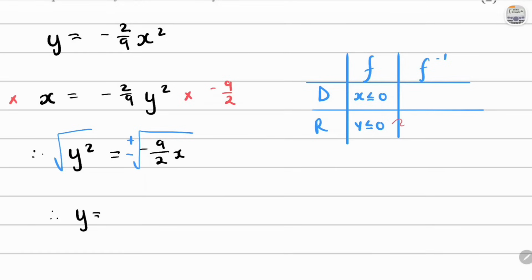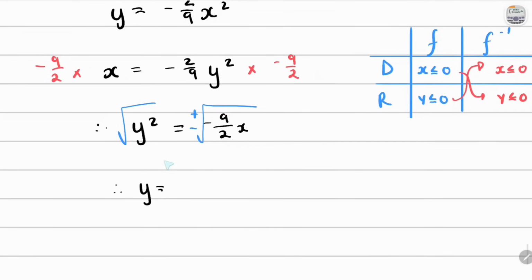So the range of the original function now becomes the domain of the inverse, while the domain of the original function becomes the range of the inverse. Now, right now they look very simple. So this will just be x is less than or equal to 0. It's just taking that, but it's still the domain. And this one will be y is less than or equal to 0.